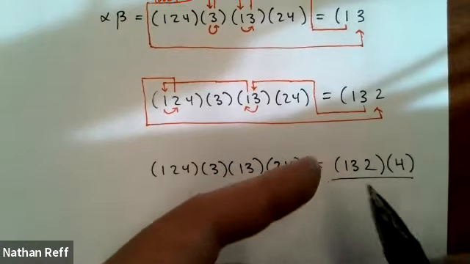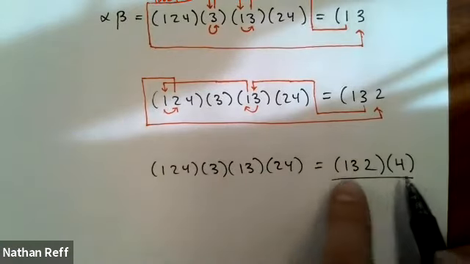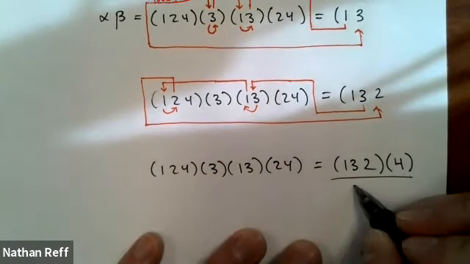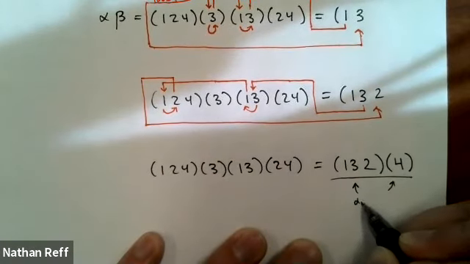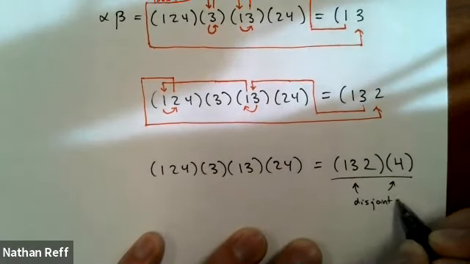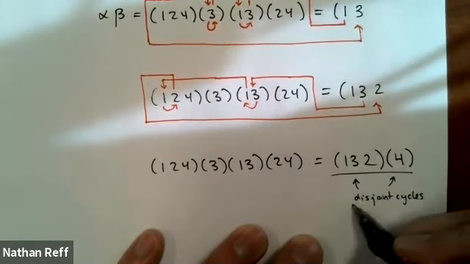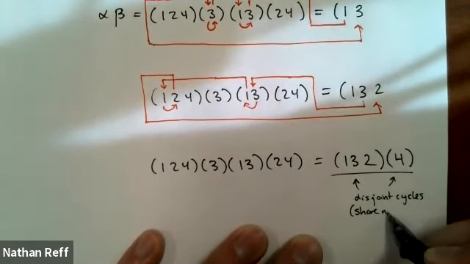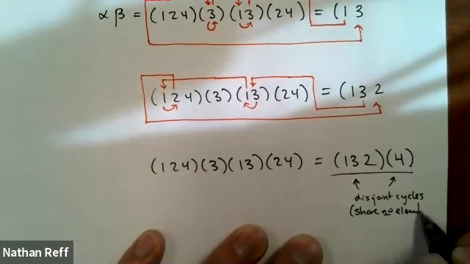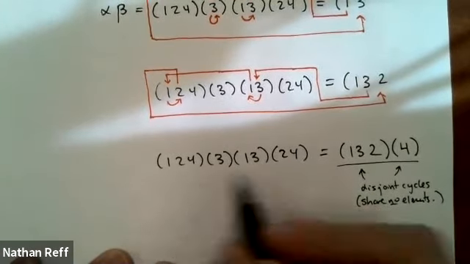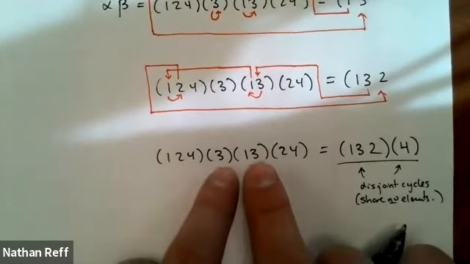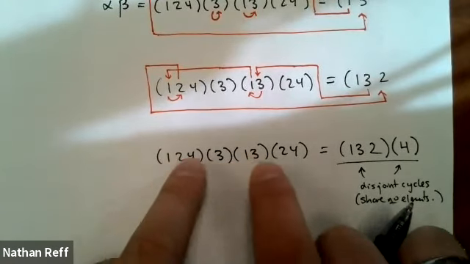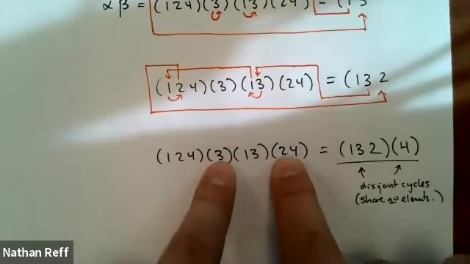Over here, these are called disjoint cycles, meaning they do not share any elements. So notice that these are disjoint cycles. They share no elements. And do you notice that these are not disjoint? Because, for example, they share 3s, they share 1s. These 2 are disjoint, this one and this one.